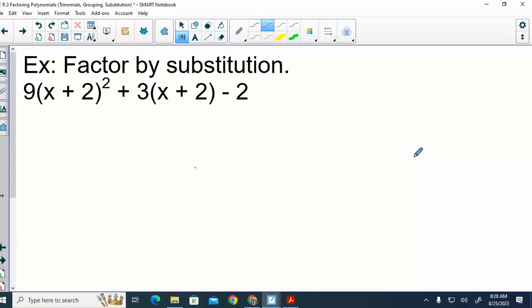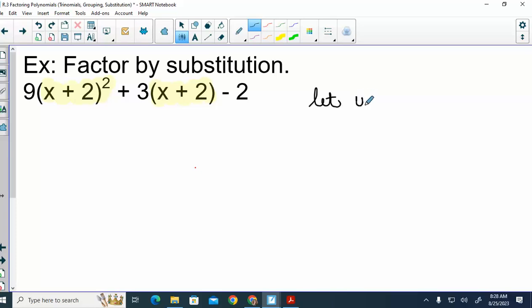The other option, this is kind of like a quadratic because you have the x plus 2 squared, the x plus 2 to the first, and then a constant. So it's kind of like those trinomials we've been factoring. What we can do is just put another letter in place of that so it looks a little less confusing.